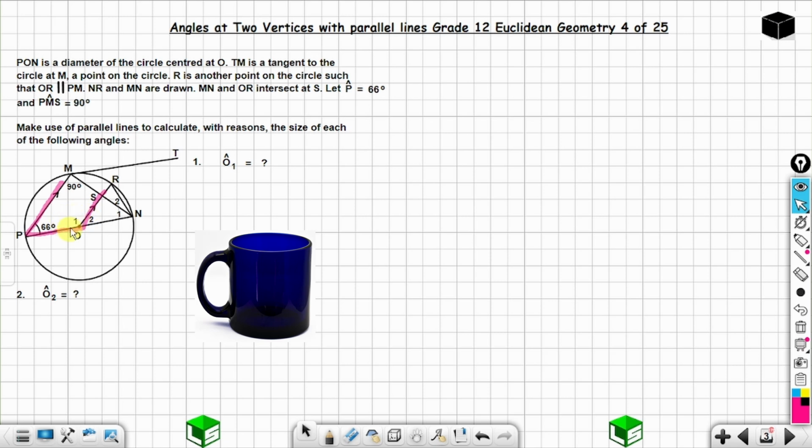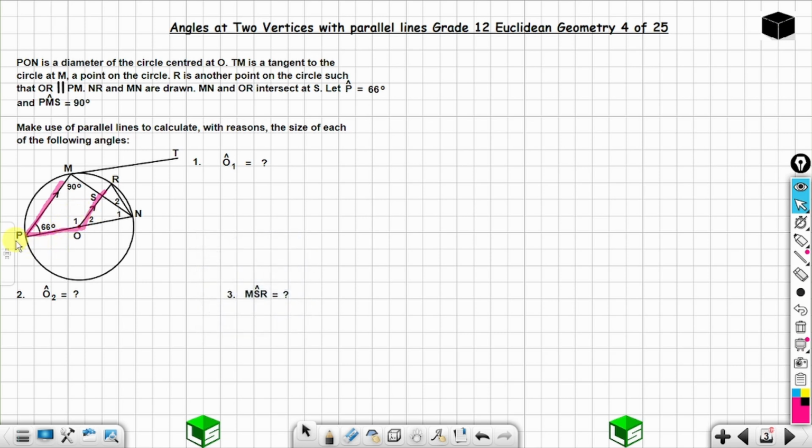So angle P plus the angle O1 is equal to 180 degrees. The reason is co-interior angles, the angles inside.